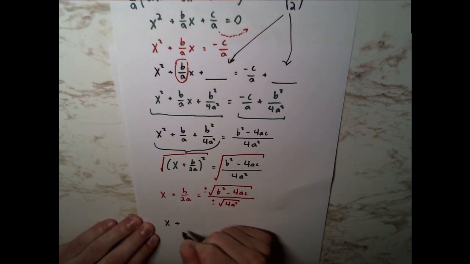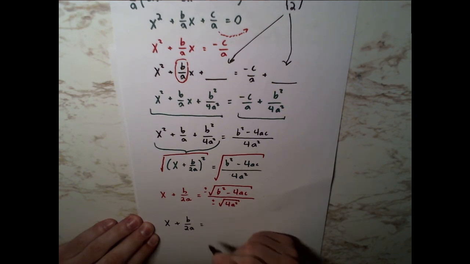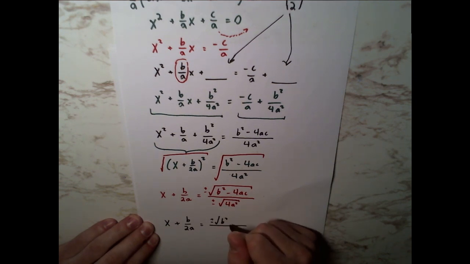We still have x plus b over 2a, and that's equal to plus or minus the square root of b squared minus 4ac.